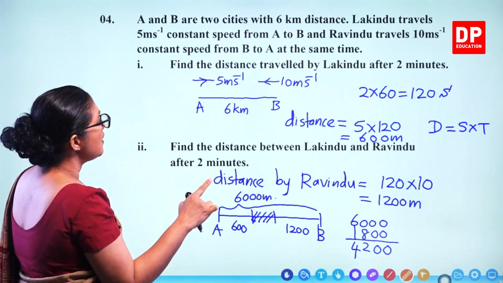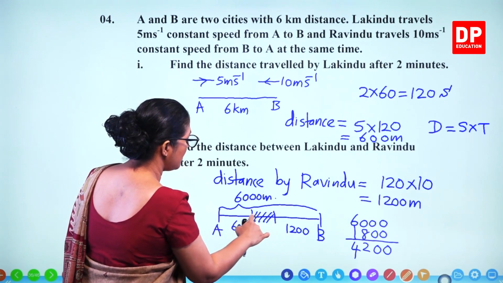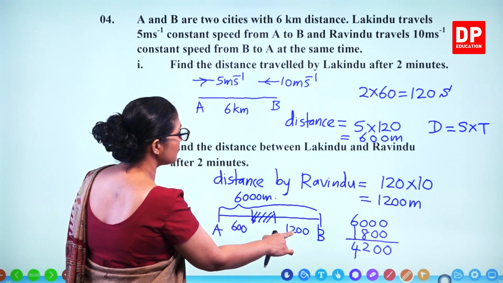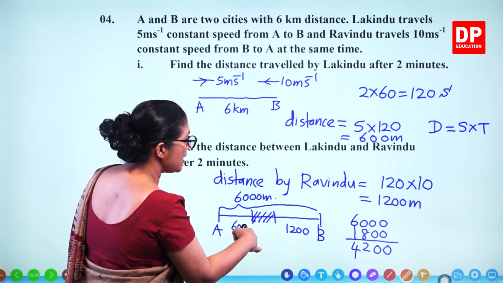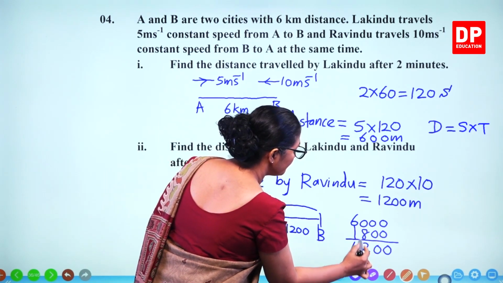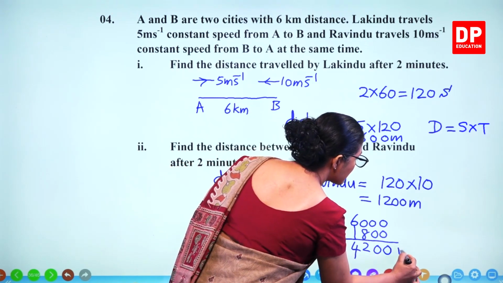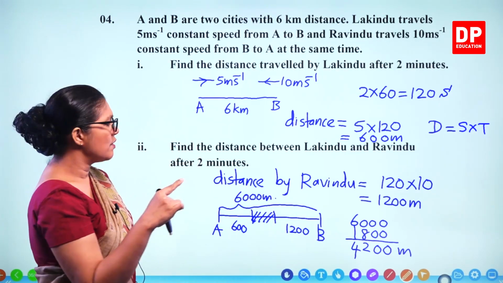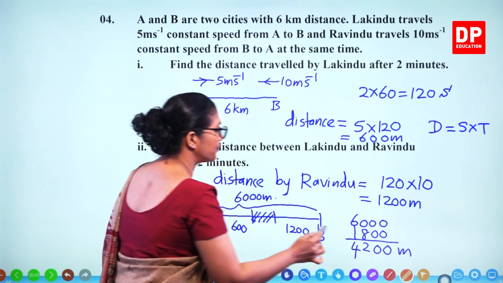Find the distance between Lakindu and Ravindu after 2 minutes is this one, 6,000, 1,200 and 600, 1,800, and you get 4,200 meters is the distance, or 4.2 kilometers if you want to divide by 1,000.